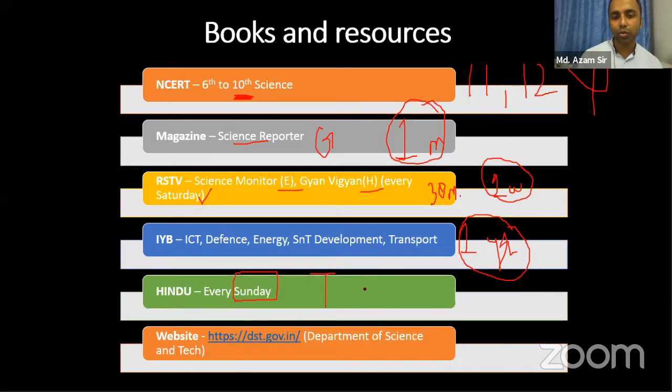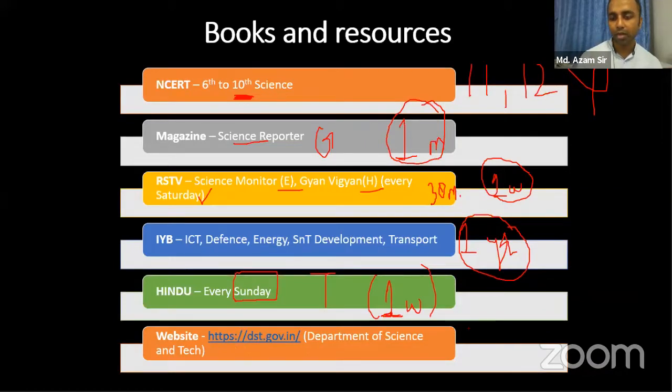There are 2 to 3 pages dedicated only to technology, so you can refer to The Hindu. Every Sunday the newspaper is dedicated more to non-traditional topics: science and technology, biodiversity, or arts and crafts. And last but not least, the website of the Department of Science and Technology.